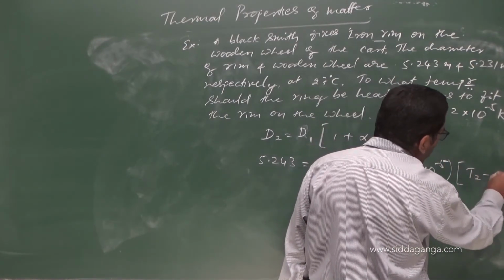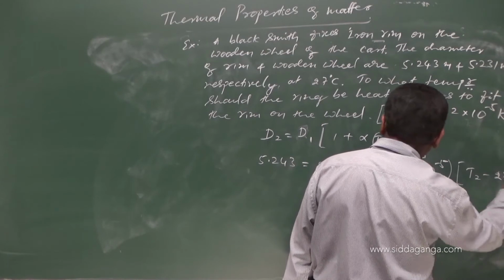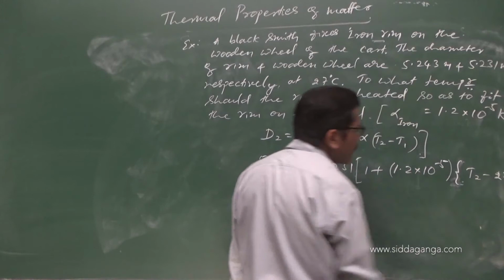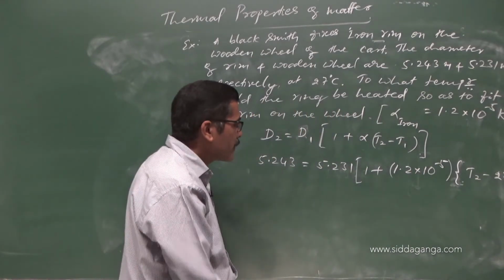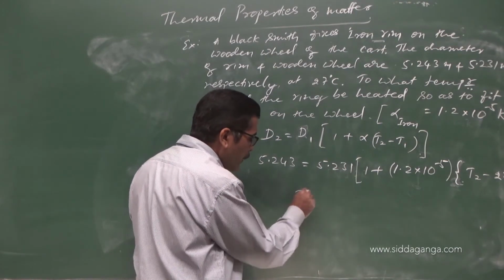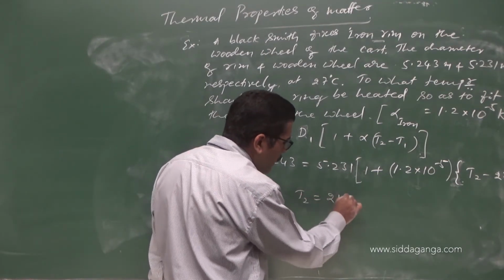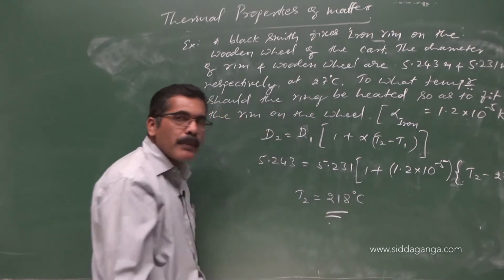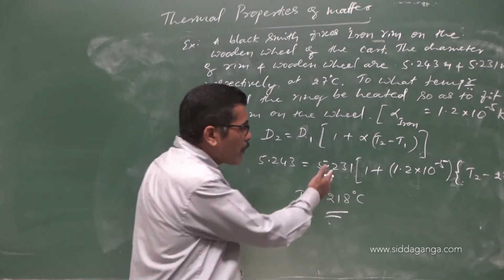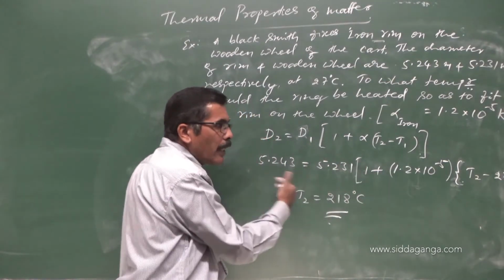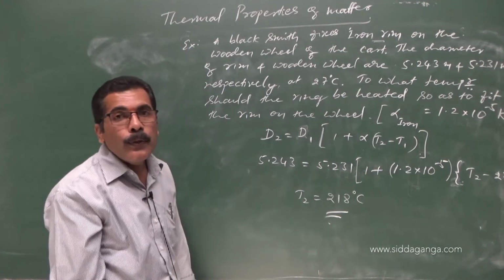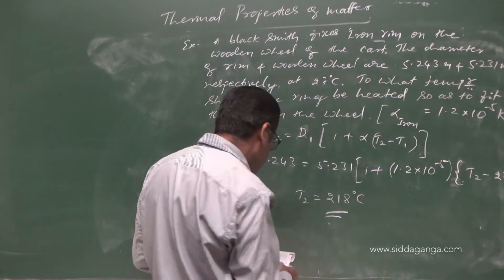T1 is 27 degrees Celsius. Simplify this: multiply, take to this side and subtract. You are going to get T2 is equal to 218 degrees Celsius. Please check it.